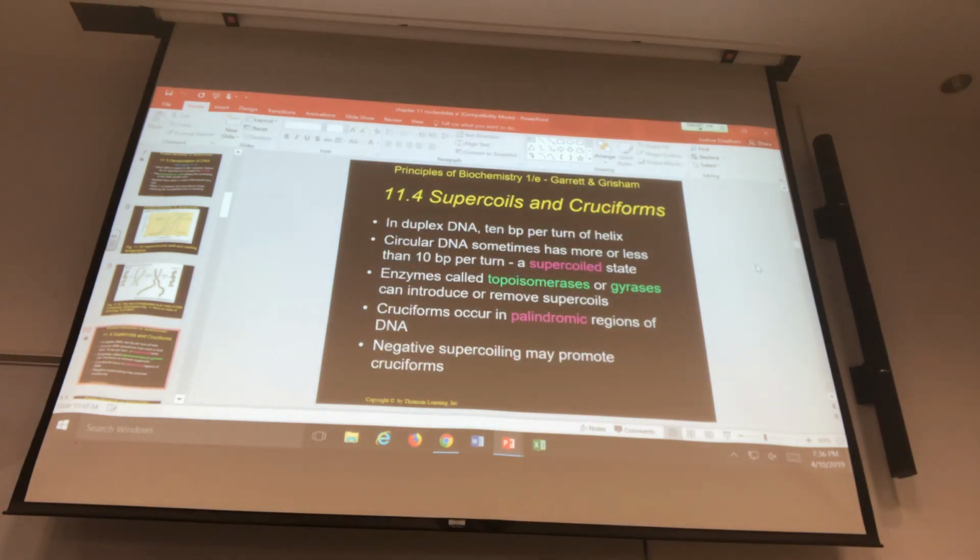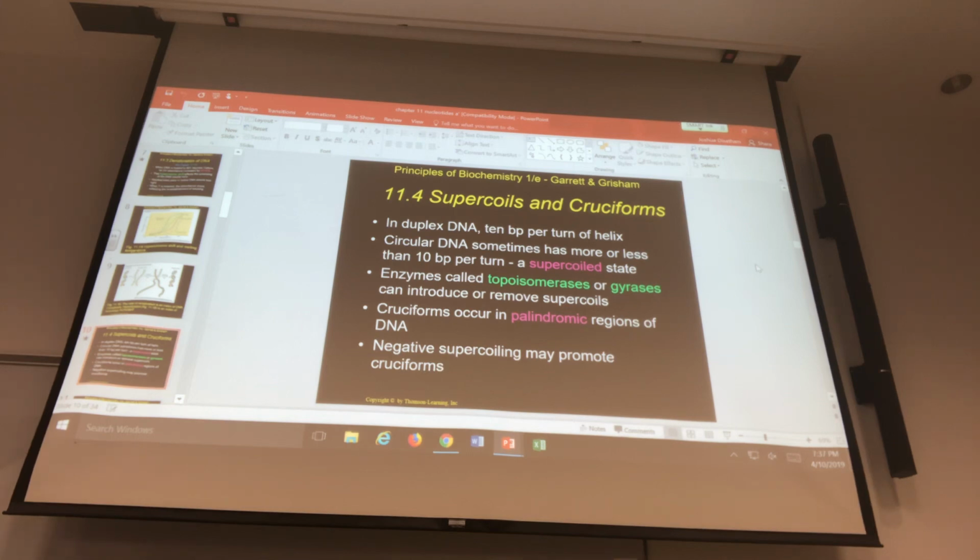Supercoiling, okay. So supercoiling is a general consequence of DNA that happens whenever you open up DNA. You usually open up DNA via DNA replication or transcription, and every time you open up DNA, it builds up torsional strain everywhere else in that strand of DNA. That torsional strain is called supercoiling.